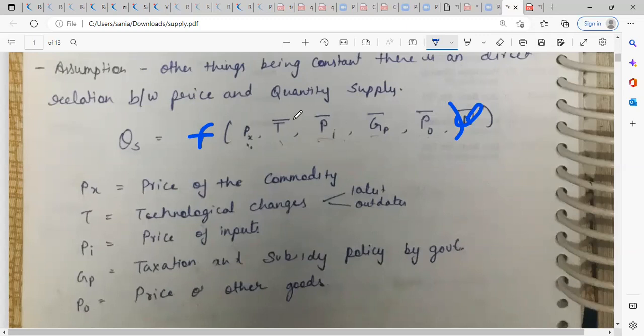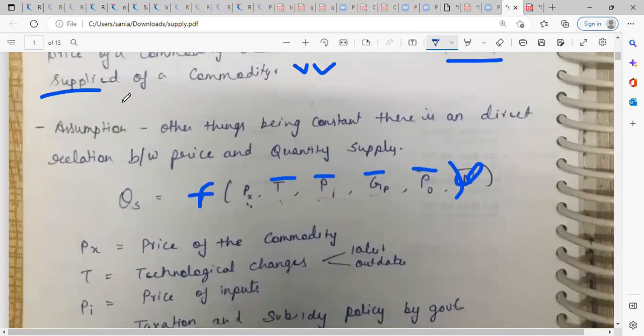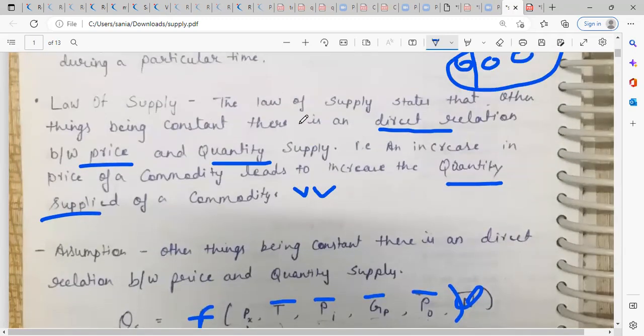Other things like technology, price of input, government policy, price of other goods will remain constant. When you have to show they are constant, you will put a bar like this. This automatically shows that these factors are constant. They will not change, but only price will change because you are not putting a bar above price. This is the assumption when you do the law of supply. Clear?